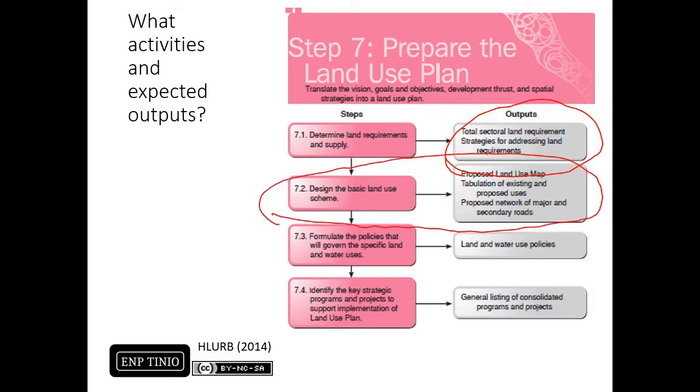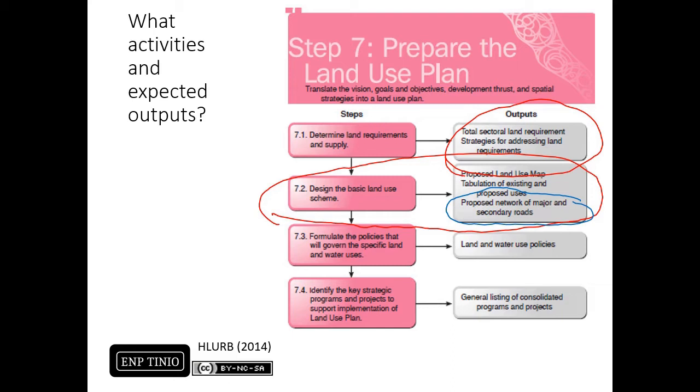Designing the land use map is not just a technical exercise. It will require compromise, negotiations, and even conflicts among different stakeholders that have been involved from step 1. A network of major and secondary roads is an integral part of the proposed land use map because infrastructure connects land uses.